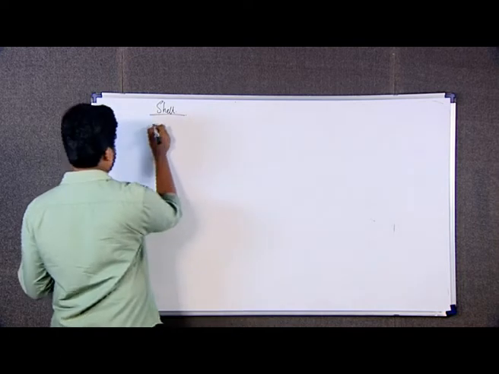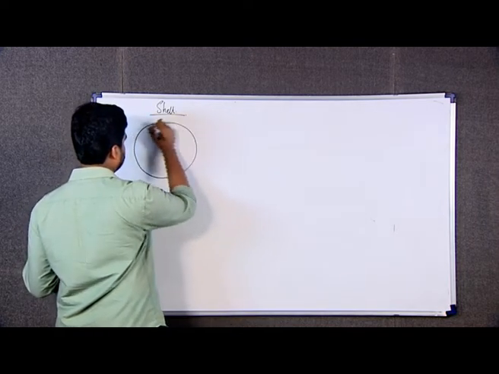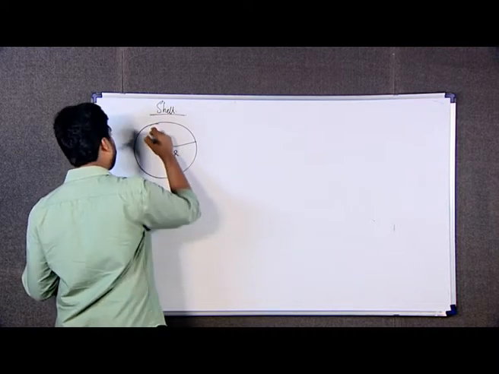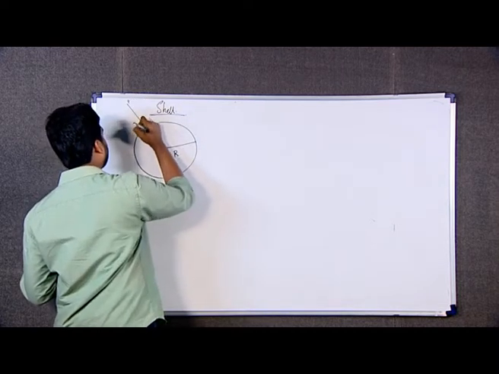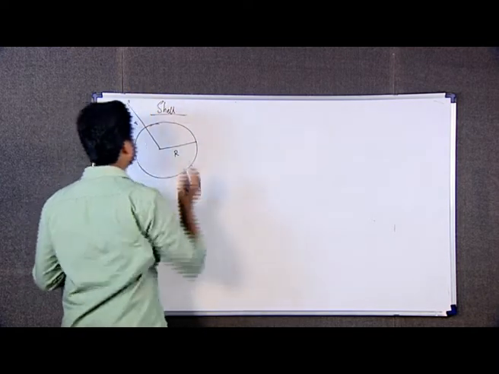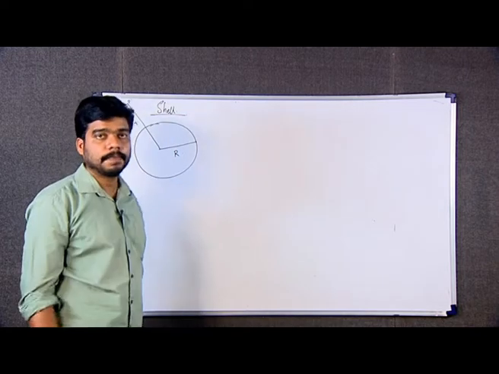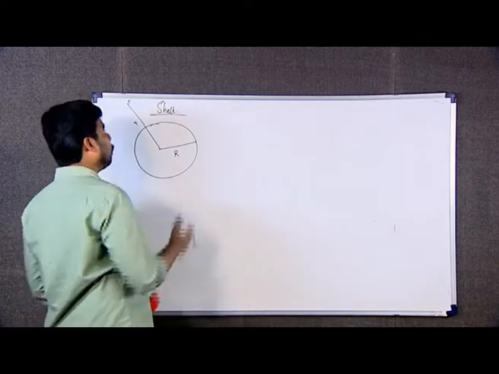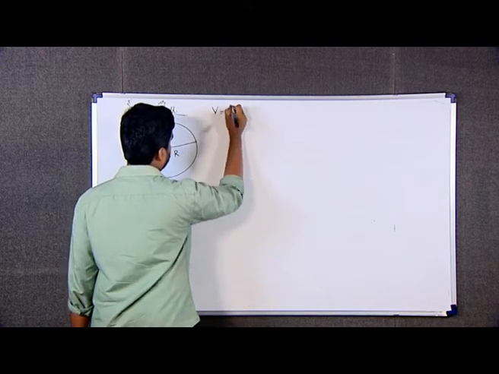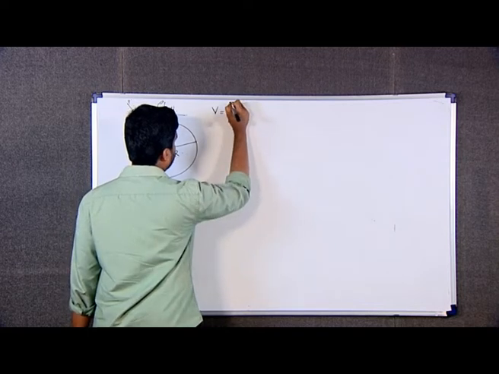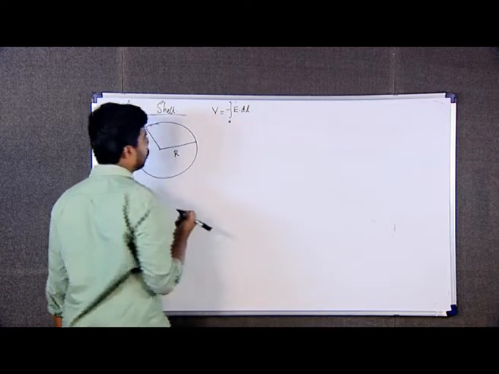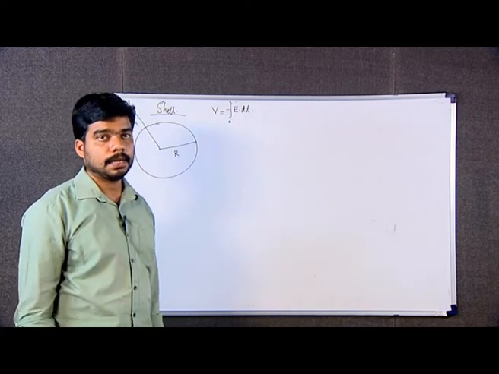I am considering a shell of radius r, and outside, at the point P, I want to find out, at a distance r from the center of the shell, the potential produced at this point P. Same formula, same idea, using V equal to minus the integral from the reference point infinity to the field point r of E dot dl.